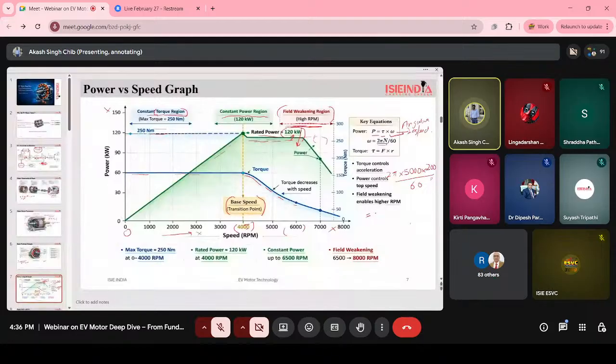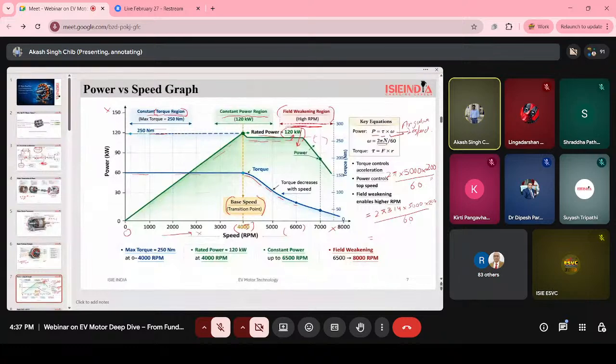I hope you are also calculating this. So 2 pi, what is the value of pi? 3.14. Into 5000 into 200 upon 60. Please calculate, anyone, and give me the answer. I am waiting.